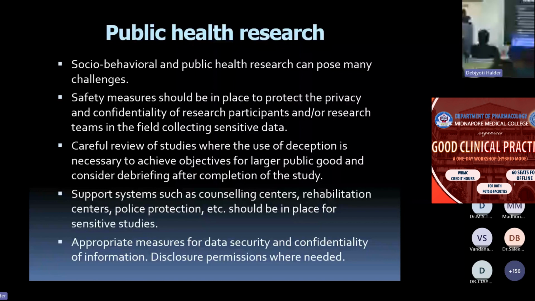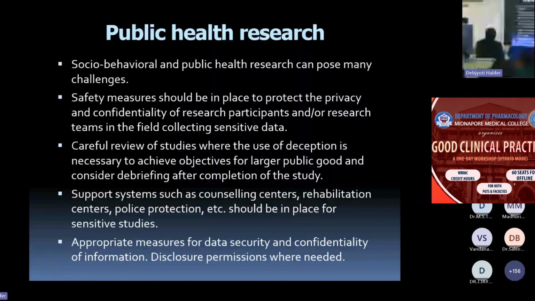spread that the red label syringes was poison. See what the parents of those who are supposed to get the red label syringes vaccine, the kind of reception they gave to the vaccinating person. So this should not be done. So what is done is now the design of these studies are changed.